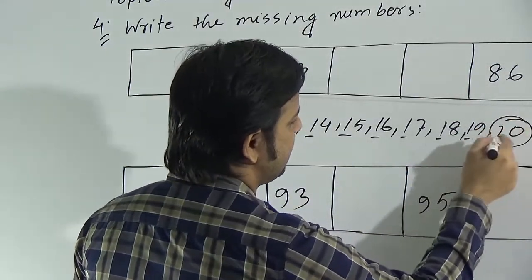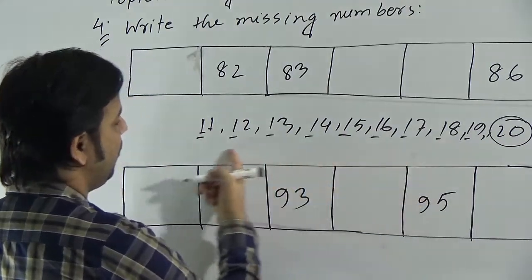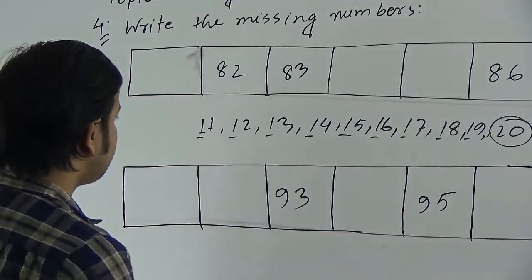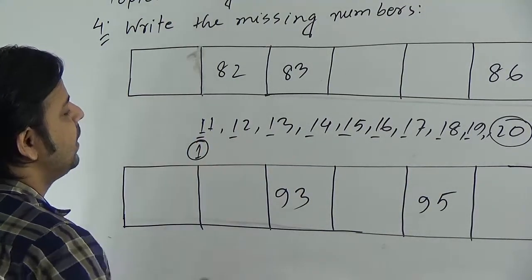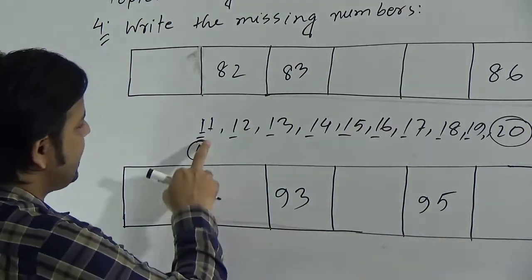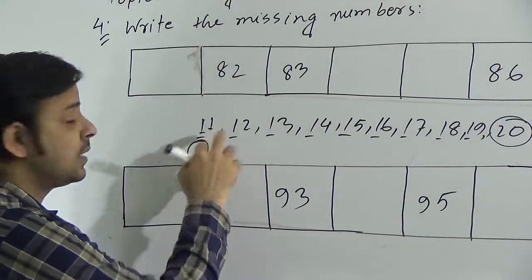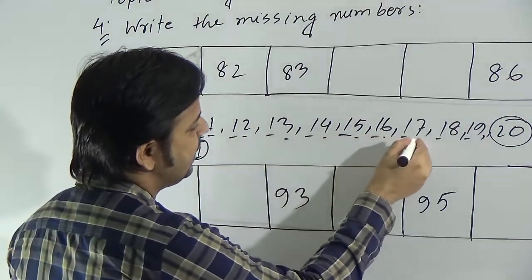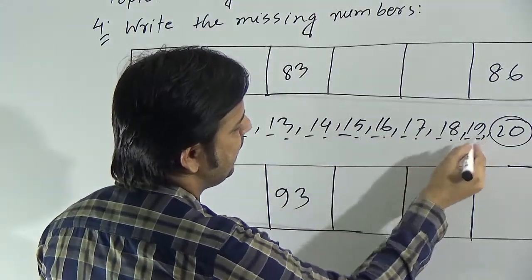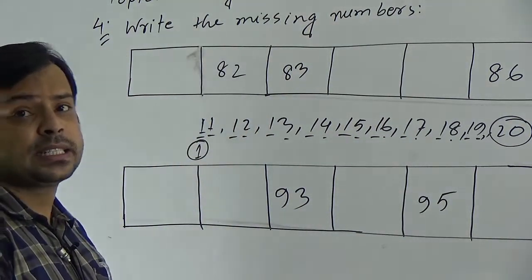Except 20, in the tens position of all the numbers we are looking at the digit 1. And every time the one's position is changing: 1, 2, 3, 4, 5, 6, 7, 8, 9. In this way, the one's position is changing.